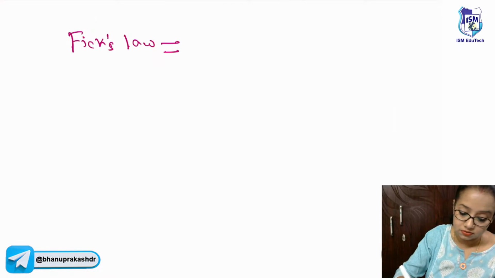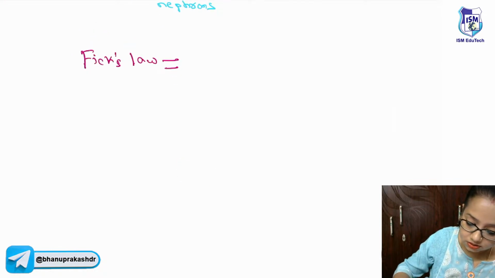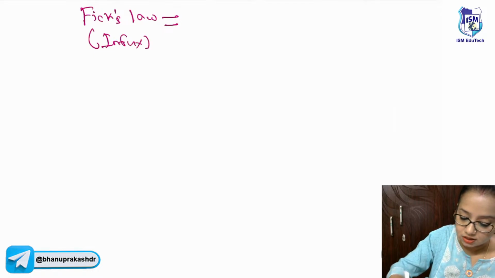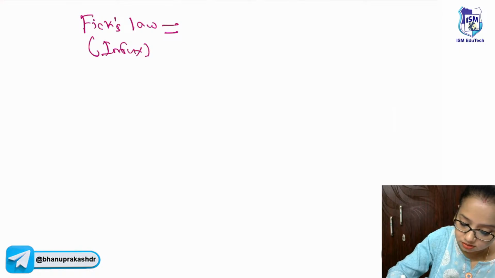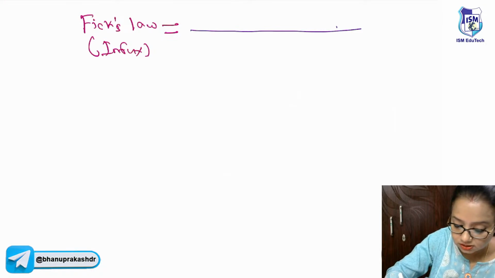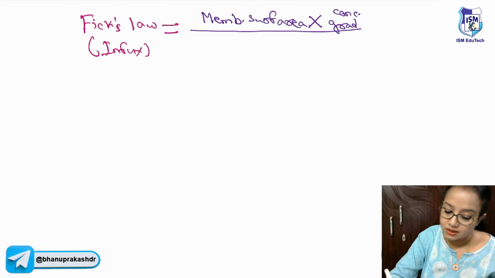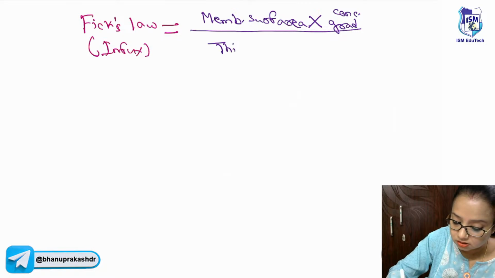So Fick's law of diffusion states that the flux is a direct function of the membrane surface area into concentration gradient and an indirect function of the thickness of the membrane.